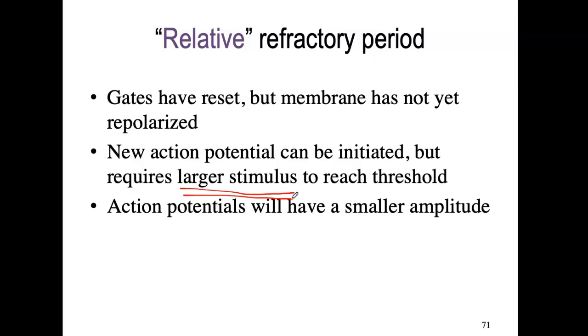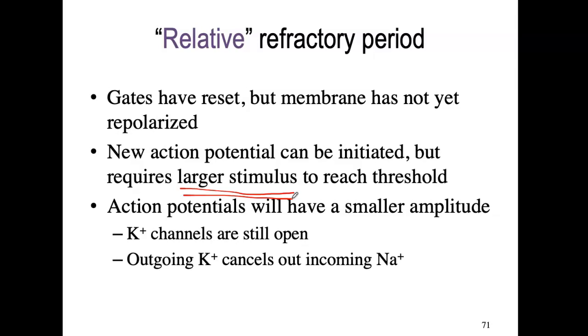So this is an unusual situation where these are happening more quickly than waiting for the entire action potential to finish. So in this case, the potassium channels I showed you were still open. The outgoing potassium is going to cancel out a little bit of sodium coming in.